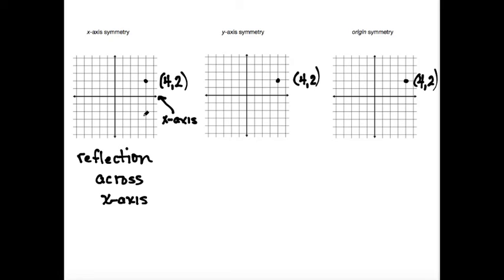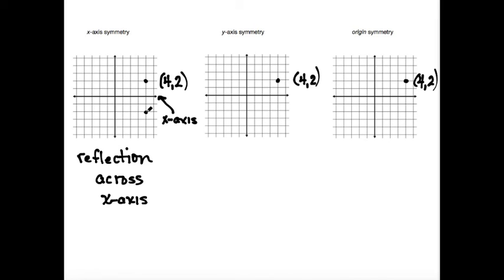So here's the x-axis. If a graph has x-axis symmetry, and we know that the point 4, 2 is on that graph, then what we do is we reflect, we go right across the x-axis. So right now we're 2 away from the x-axis, so we go 2 away in the other direction.